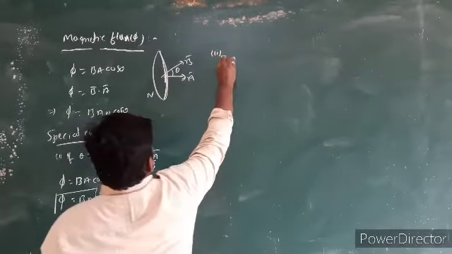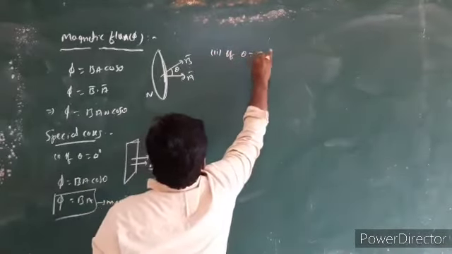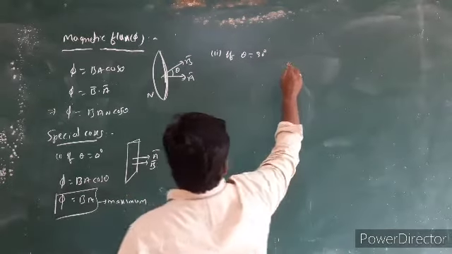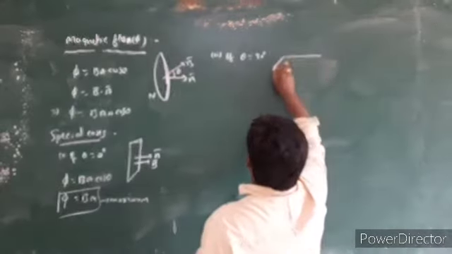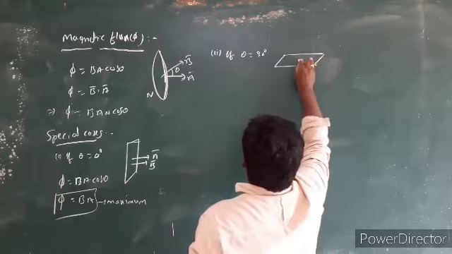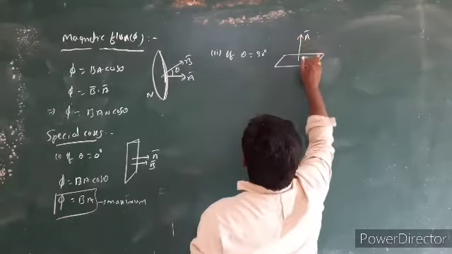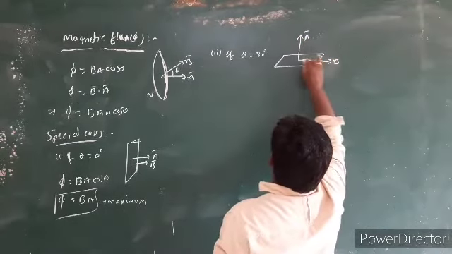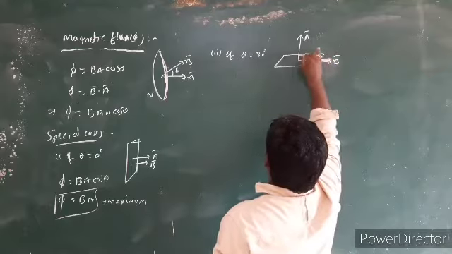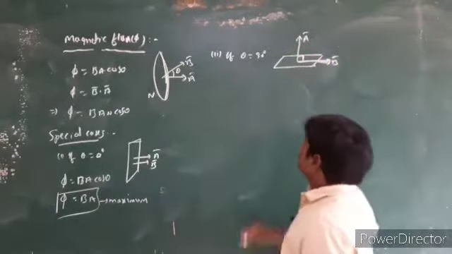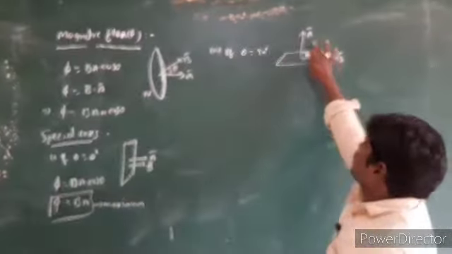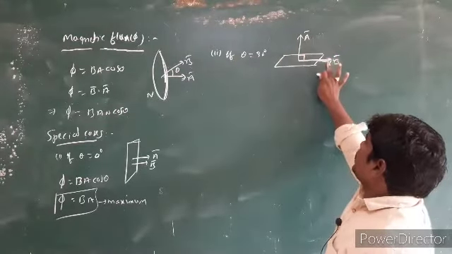Second one is, if theta is equal to 90 degrees, this is the area vector, this is the magnetic field. Now the angle between these two is 90 degrees. From this we can understand, here the area vector is perpendicular to the magnetic field.